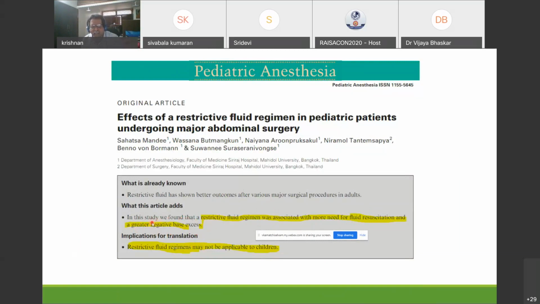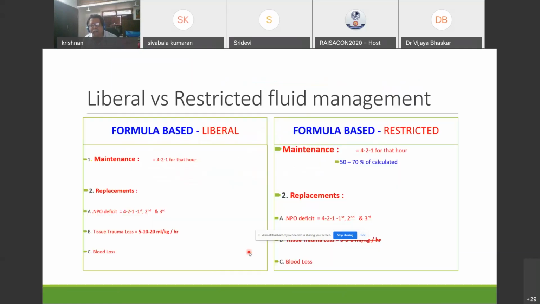That means the patient had anaerobic metabolism because of inadequate oxygenation to the cell because of inadequate fluid. So what they have very clearly said in this particular article, and it is being followed also, is that restrictive fluid management may not be applicable to children.